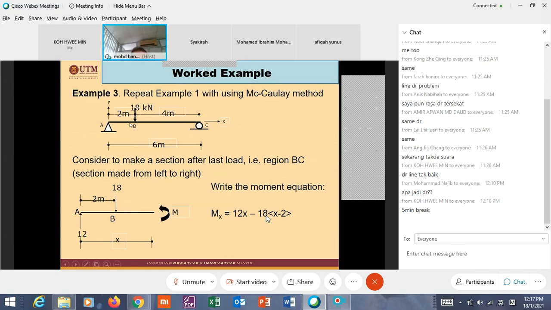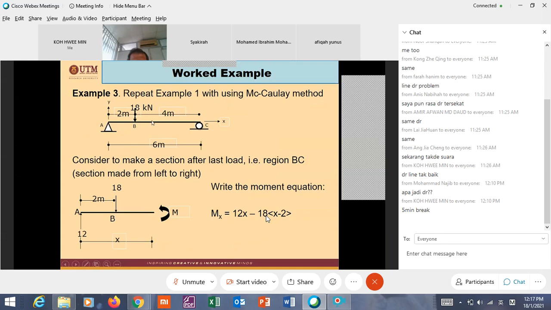Now, as we saw just now, the problem is we have to split into 2 segments, A to B and B to C. In this Macaulay method, we can derive one formula for all segments by considering a point at the last loading.